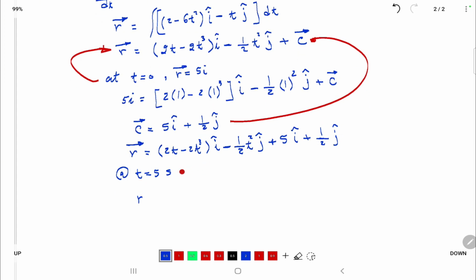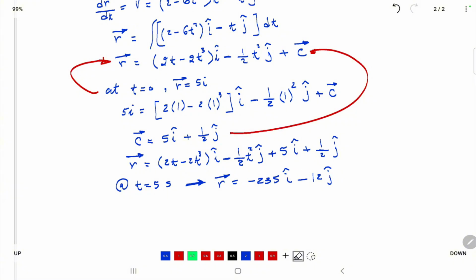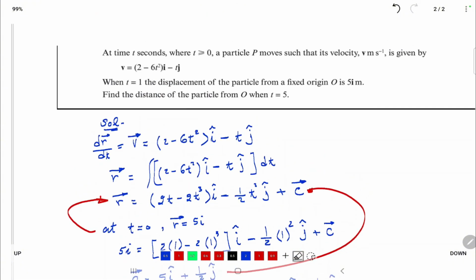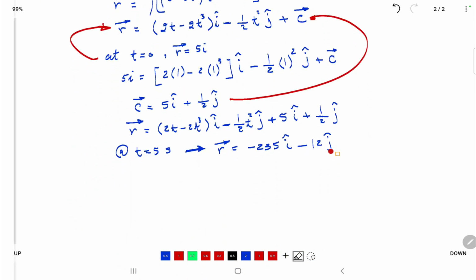This results in r equals minus 235i minus 12j. Okay, so this is r. The question asks to find the distance of the particle from O. This is the vector from O.